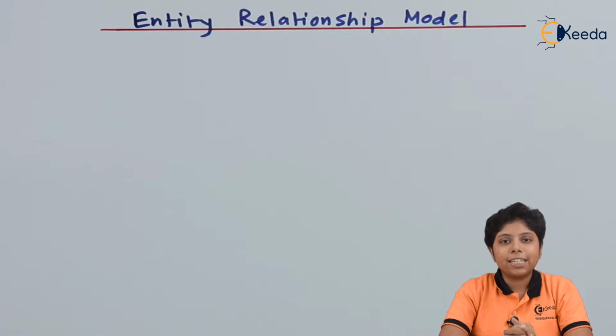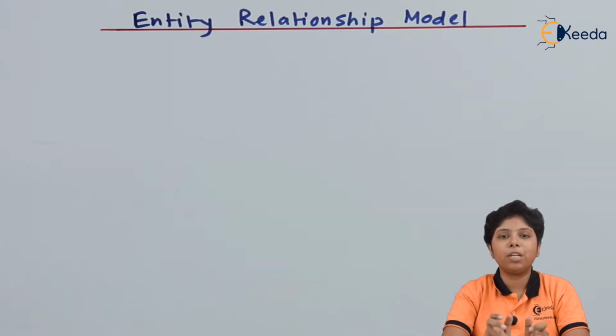The entity is an object that belongs to any of the enterprise of which database we are storing. For designing purpose for the database, we need a relationship between the objects or the entities. For that, we need a modeling structure. So other than many models, we choose ER models because it is very simple and clear.